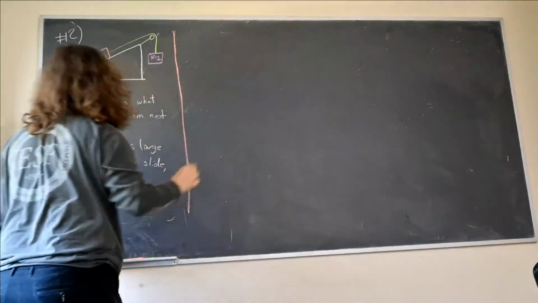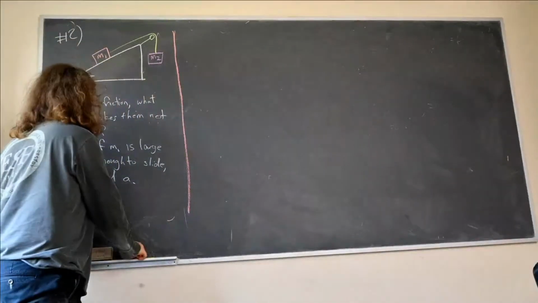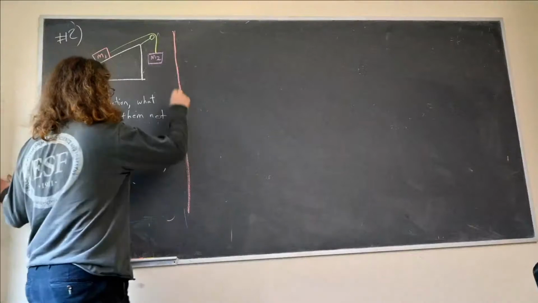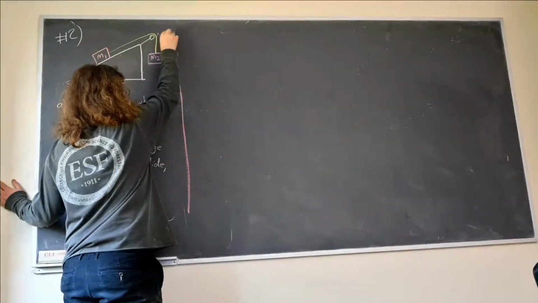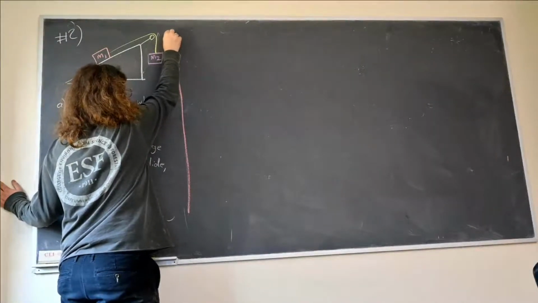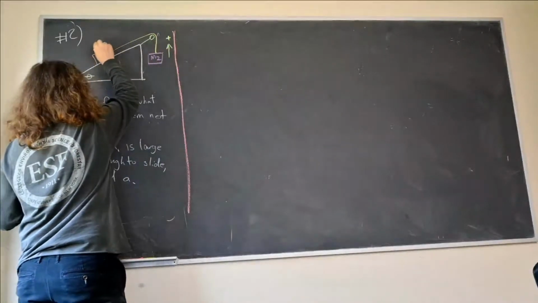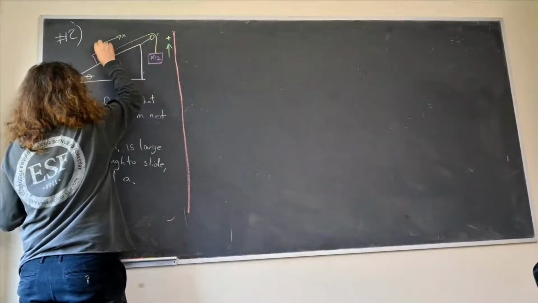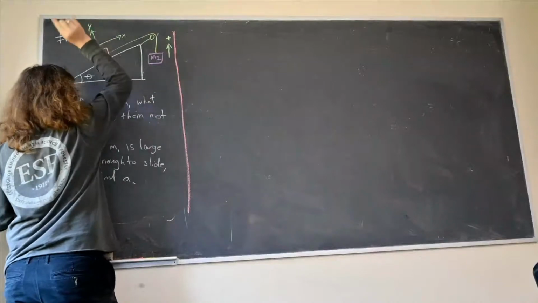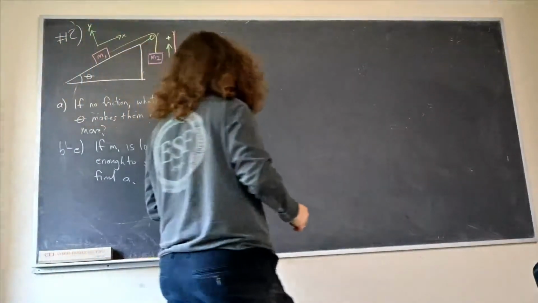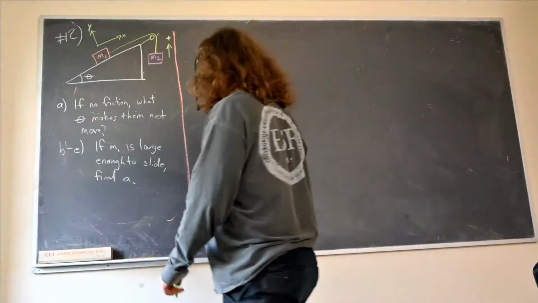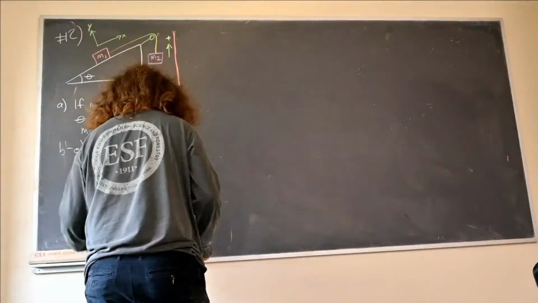As always, we draw force diagrams first after choosing a coordinate system. So I'm going to choose the conventional coordinate system that most of you will pick, which is that way is positive, and that for this object we have a tilted coordinate system like so. So now let's get to work drawing force diagrams.